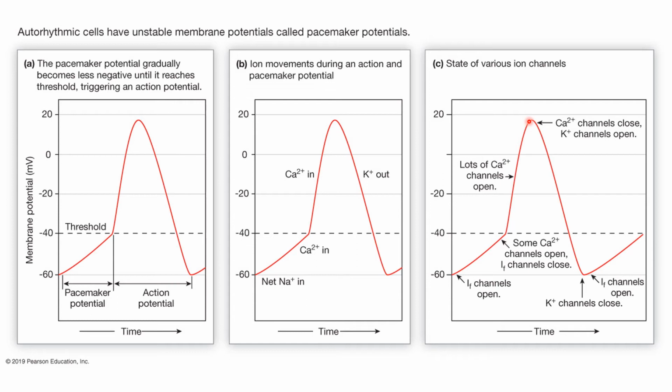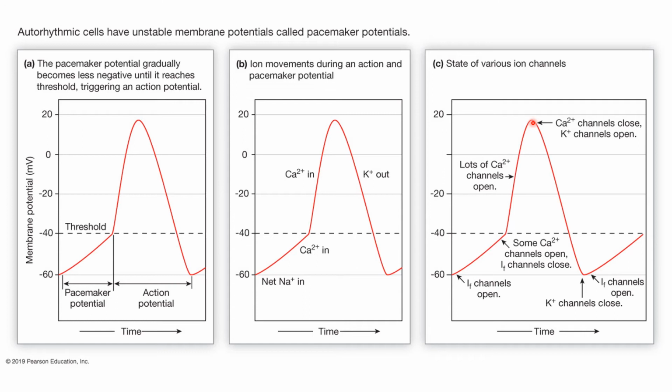Now, once we reach right here a positive voltage, like around 20 millivolts or a bit less actually, the calcium channels are going to close and potassium channels are going to open. Once potassium channels open, potassium is going to start leaving the cell.